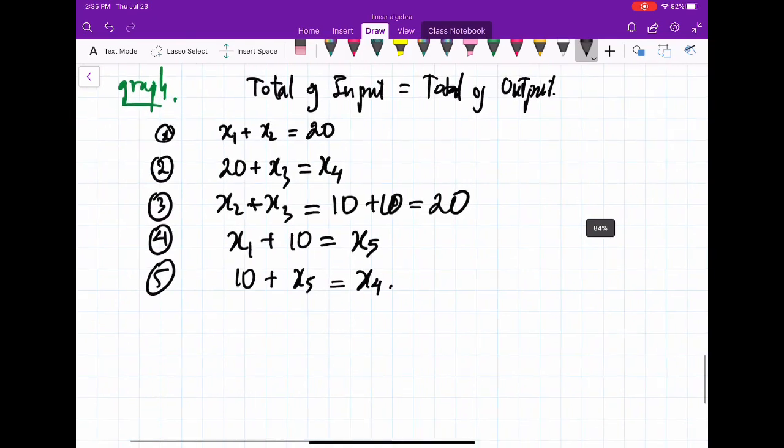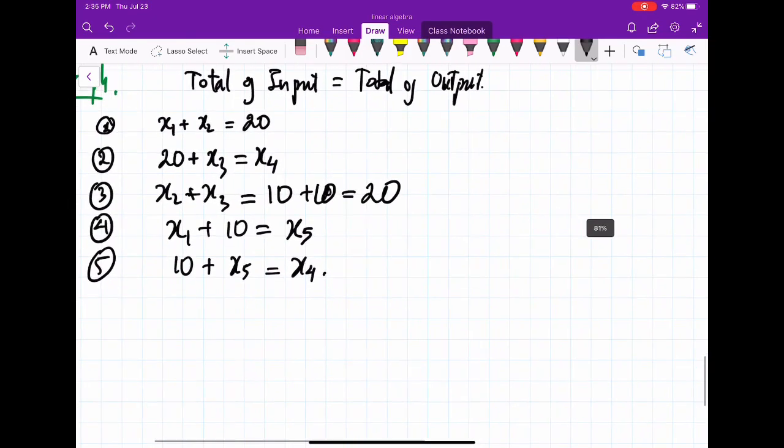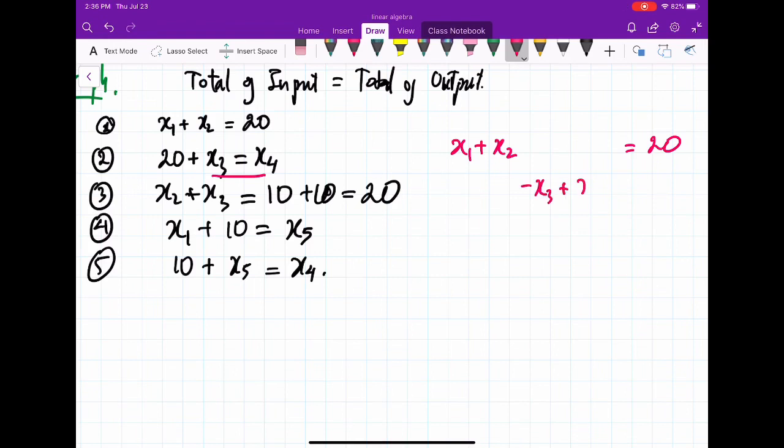Okay, so the system has 5 variables. We can rewrite it in the following way: x1 plus x2 equal to 20. For the second one, I can write negative x3 plus x4 equal to 20. How about that? So I just move x3 to this side, right?